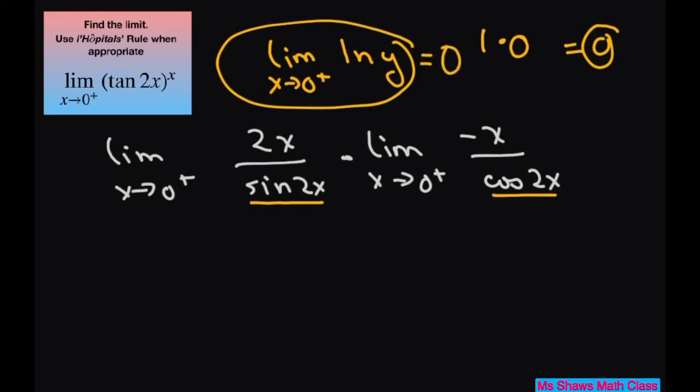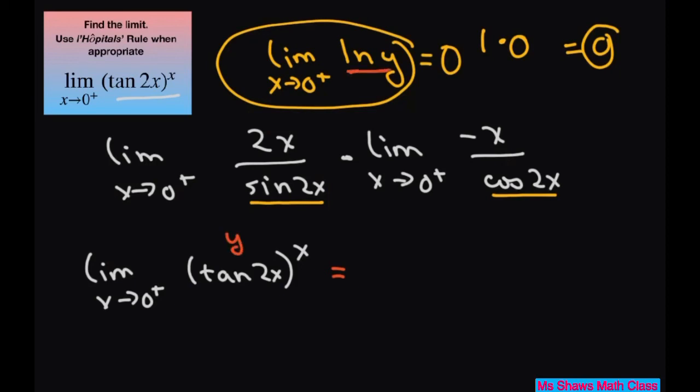So now we have the limit as x approaches 0 from the right of our equation, tan of 2x to the x power. So basically, this is your y, but all we have is ln of y. So this piece here is your y.